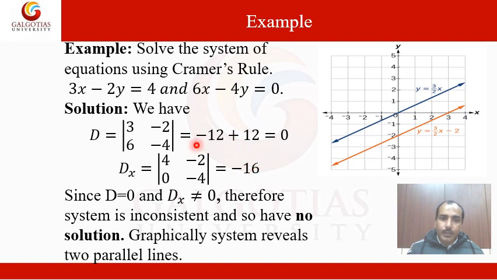It is clear that the determinant of the coefficients of x and y is 0 and Dx is not equal to 0. So we can't find the value of x, because the value of x is the ratio of determinant Dx and the determinant D. Therefore, we can say the system is inconsistent, and so the given system of linear equations has no solution.